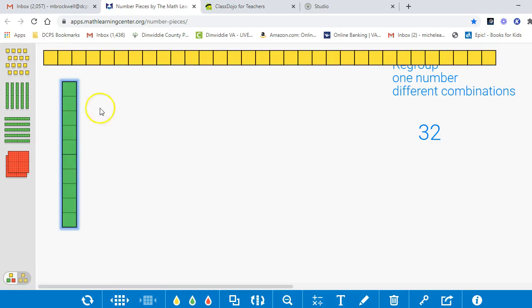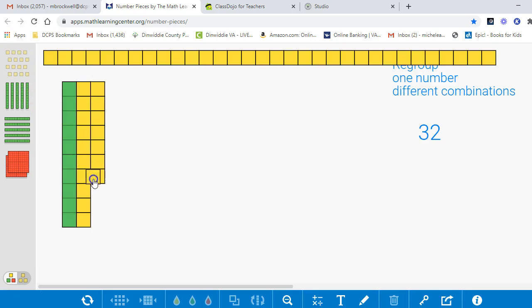You know that's 10. And then you could say 11, 12, 13, 14, 15, 16, 17, 18, 19, 20, not there yet, 21, 22, 23, 24, 25, 26, 27, 28, 29, 30, not there yet, 31, 32.